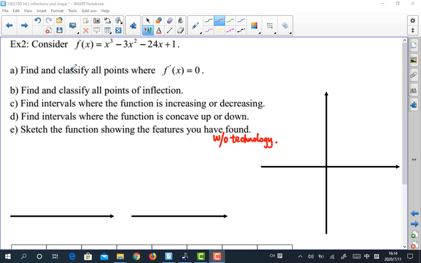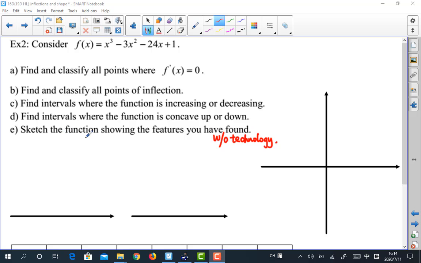We do not only find and classify all points of inflection; we also need to find the monotonicity and concavity to prepare for the graph. The last task is to sketch the function showing the features you have found in A, B, C, D without using technology. No graphing calculator, no decimals, no technology.